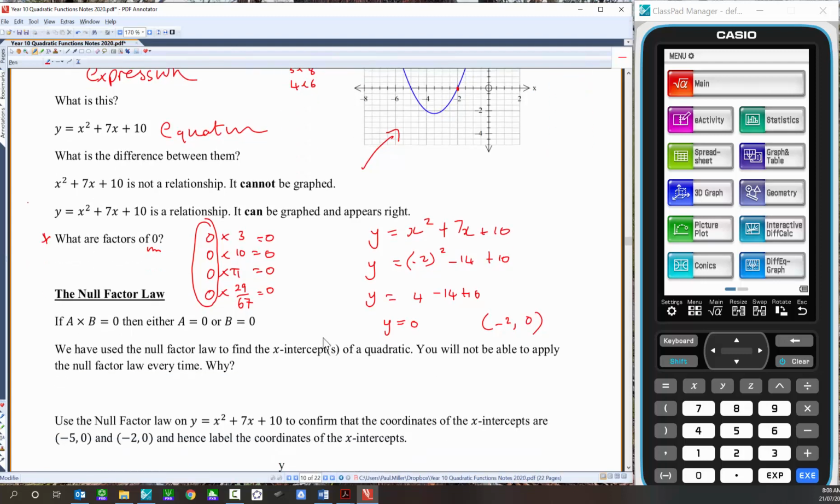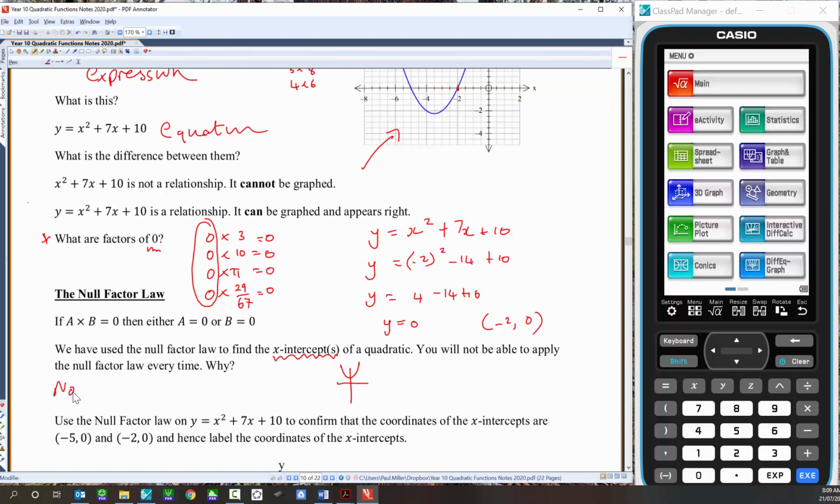So what we're going to do is use the null factor law to find the x-intercepts of a quadratic, okay? And we won't be able to apply the null factor law every time. Now, why is that going to be the case? Well, if we're trying to find the x-intercept, and that's our parabola there, then it doesn't intercept the x-axis.